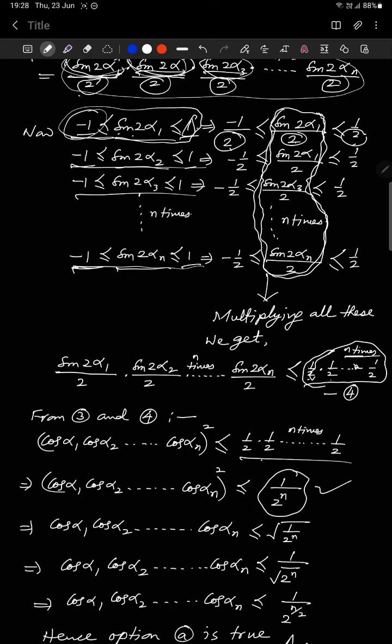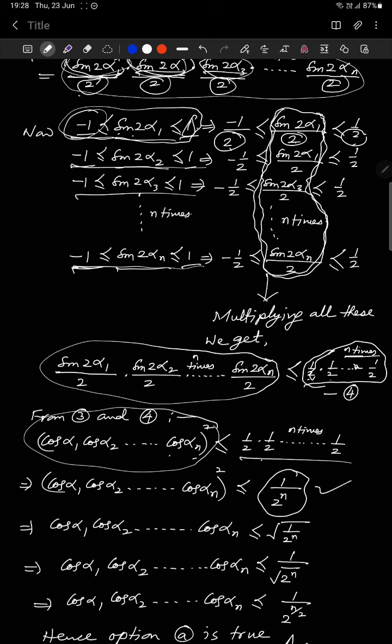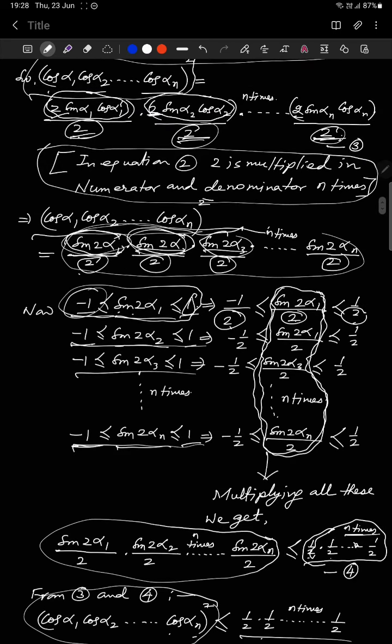Okay, why have we taken this thing, that is cos alpha 1, cos alpha 2 up to cos alpha n to the power 2? Because this quantity was equal to this one over here. Cos alpha 1, cos alpha 2 up to cos alpha n whole square was equal to this one.